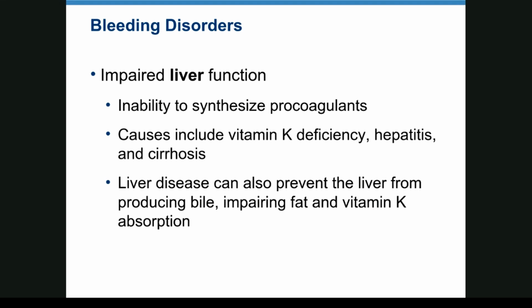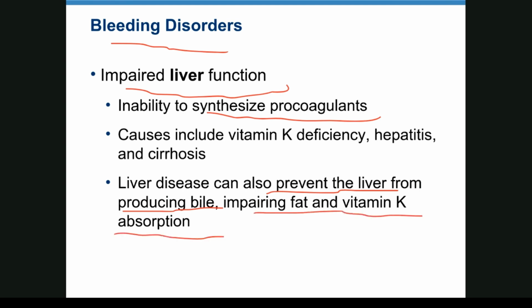Okay, another bleeding disorder, impaired liver function. The liver produces procoagulants, so you can't clot if you don't have a liver. It also prevents the liver from producing bile. If you don't have bile, you can't absorb fat, and also vitamin K, which is fat soluble.